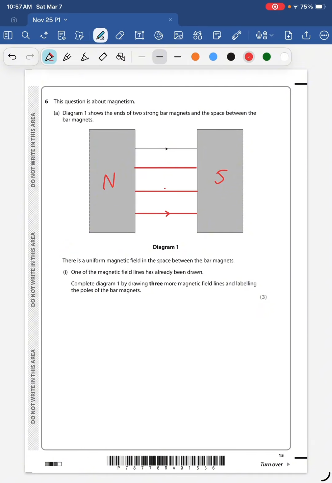And the arrow points to the right. Simple as that. And this spacing has to be approximately the same because it's a uniform field. Let me erase that. Okay, let's move on.